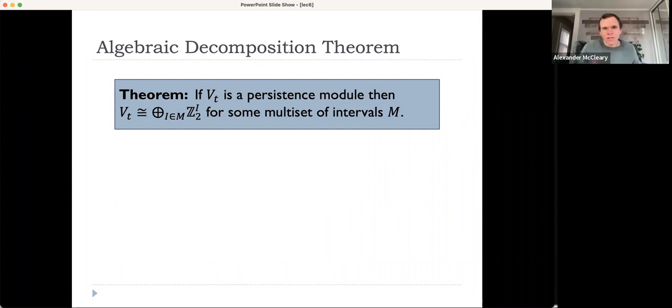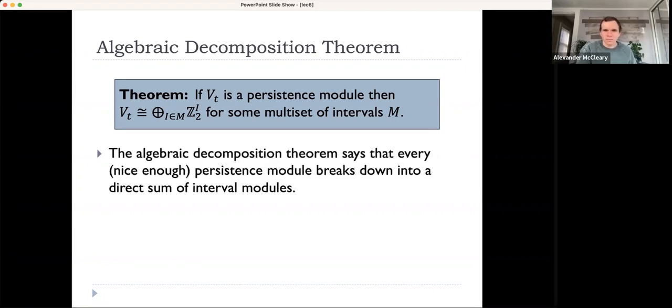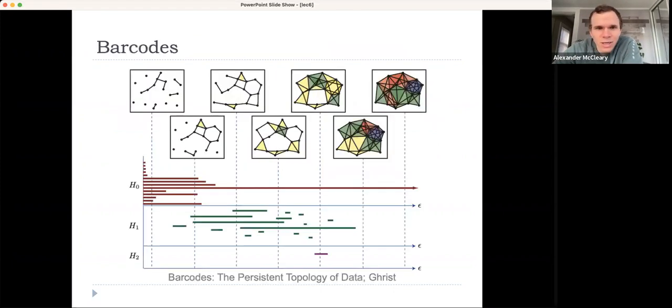There's going to be possibly a bunch of these different intervals, but we can always break down a persistence module into just a direct sum of these interval modules. This is a very nice structure theorem. It tells us that there's this very nice structure with persistence, and we can visualize this with barcodes.